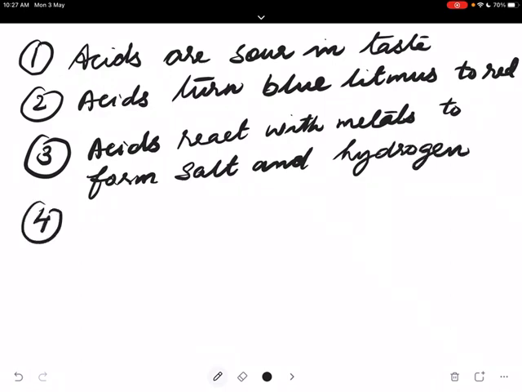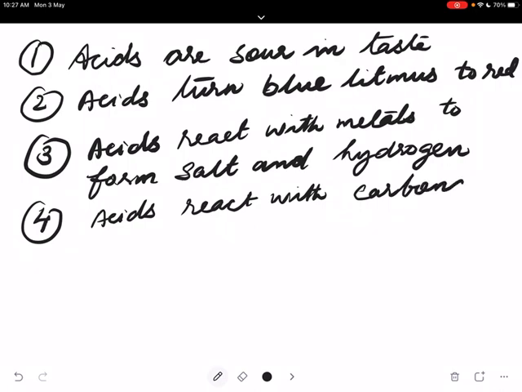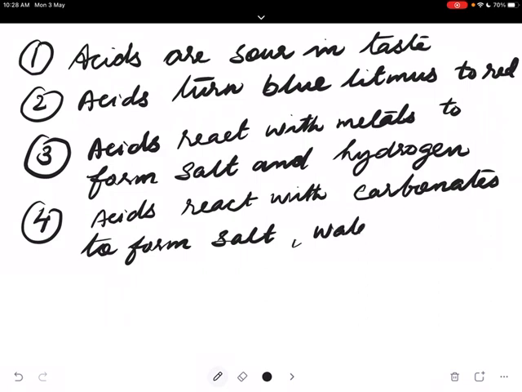Number 4, acids react with carbonates, means metallic carbonates, to form salt, water, and carbon dioxide.